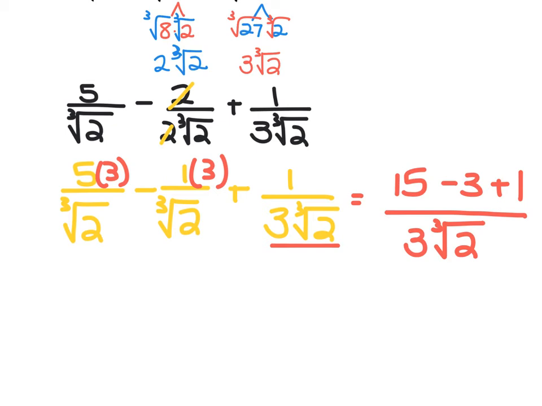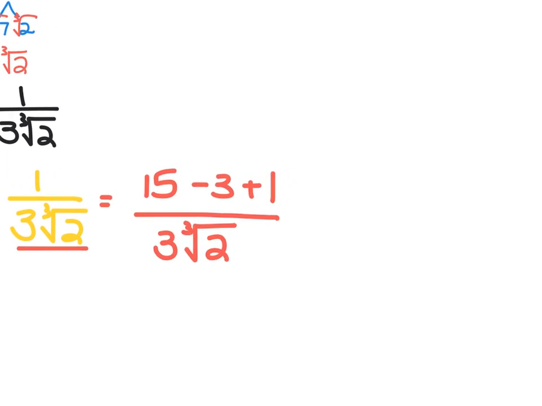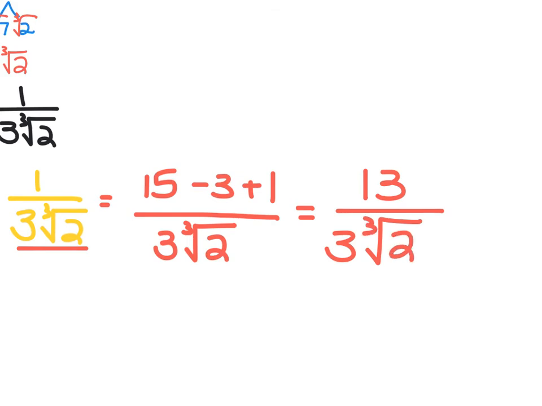Okay, 15 minus 3, and then plus 1 gives me 13. 15 minus 3 is 12, plus 1 is 13. Over 3 cube root of 2, and now just rationalize.